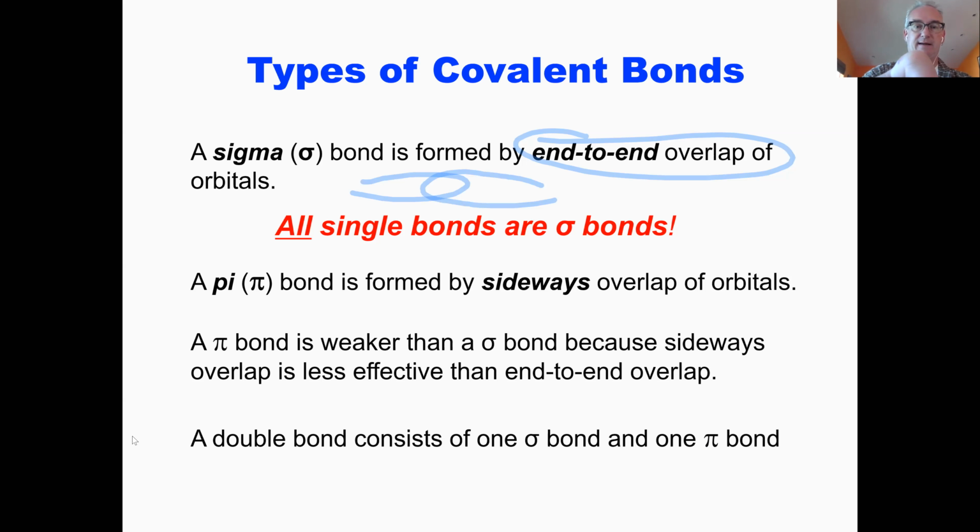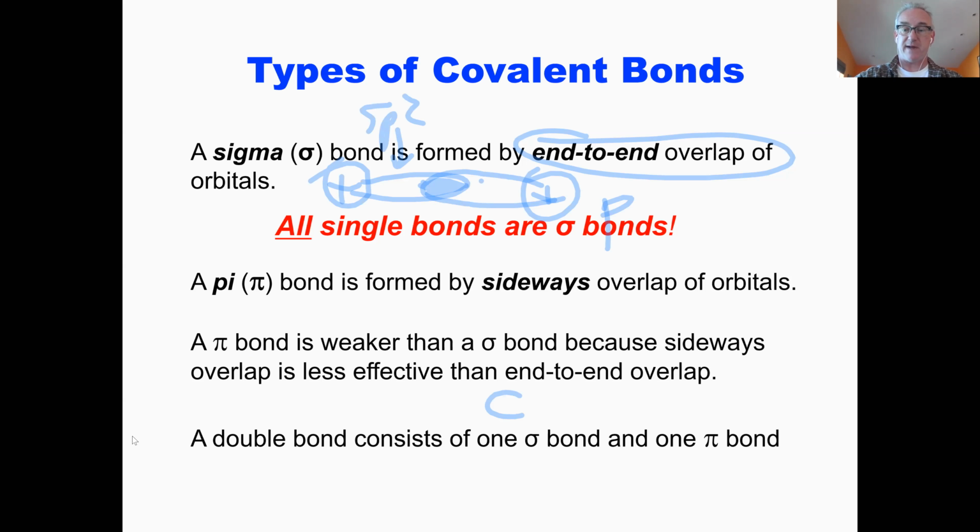So if this is like an sp2 electron and this is a p electron, they overlap each other directly, and I get direct sharing of electrons in between this nucleus and this nucleus. So the electron density for sigma bonds is directly between the two atoms.